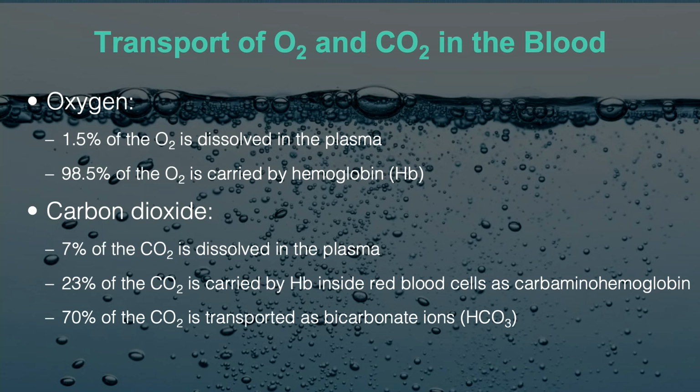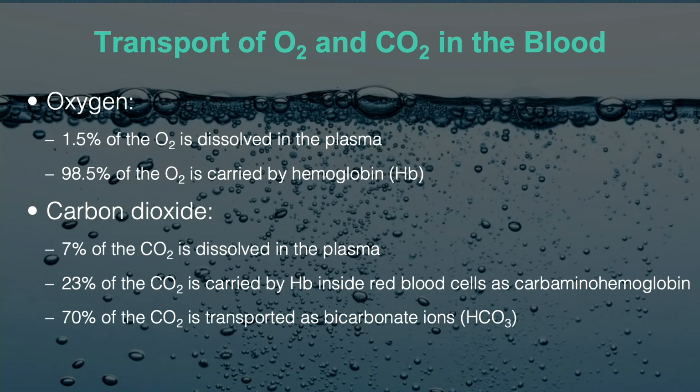The majority of CO2 is transported in the blood as bicarbonate. Bicarbonate is this ion, HCO3. There should be a negative symbol there because it has a slightly negative charge. HCO3 negative is a bicarbonate ion, and this is produced by that enzyme carbonic anhydrase that I mentioned last class.